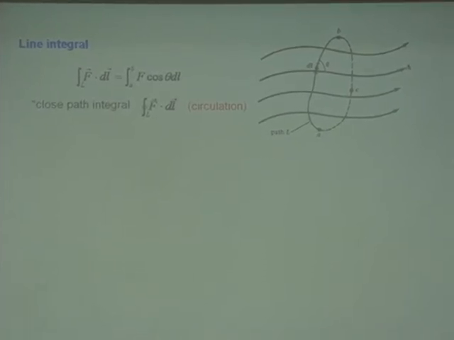Okay, now when we want to calculate the circulation of some physical field, then we have to do line integration. A line integration is that you dot product the field together with the length. Well, don't forget the physical meaning of the dot product. The dot product tells you how parallel this F and L are, right? The dot product basically is a measure to tell you how parallel the two vectors are.